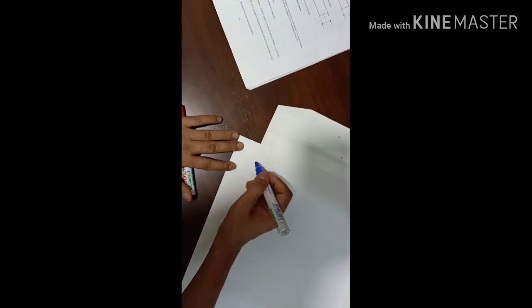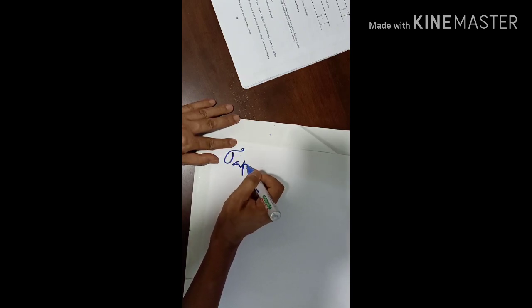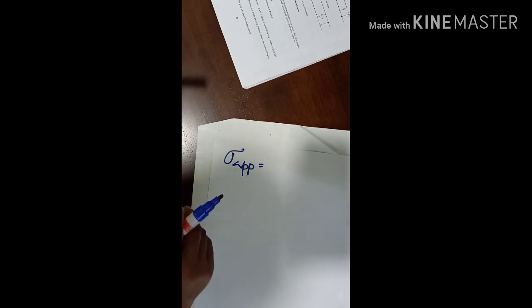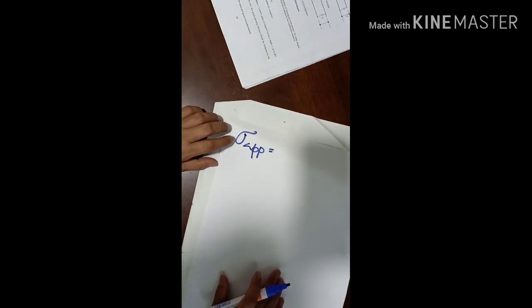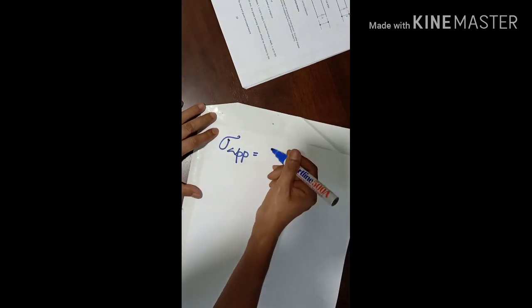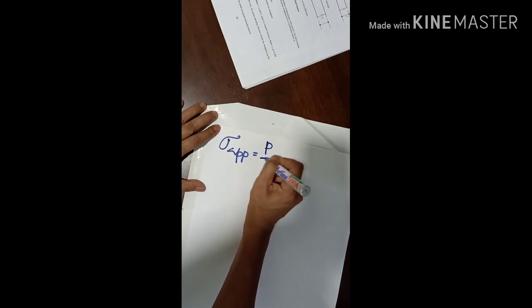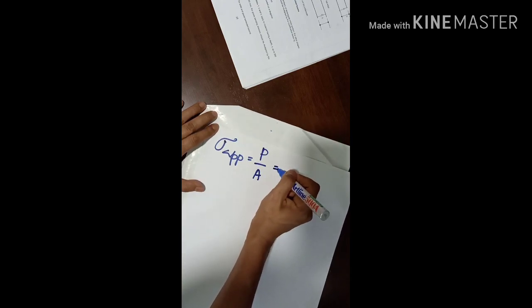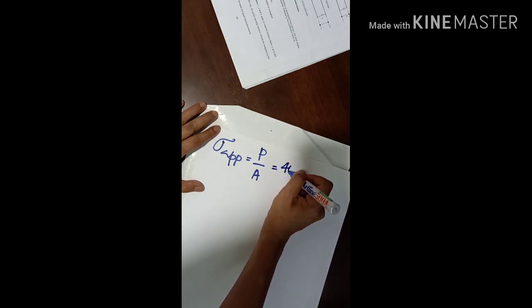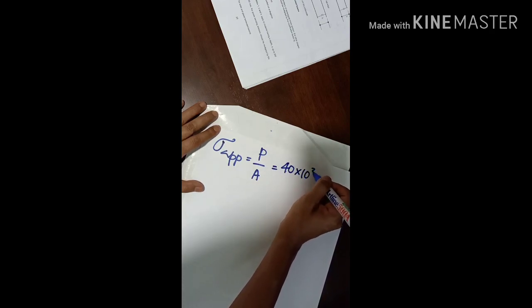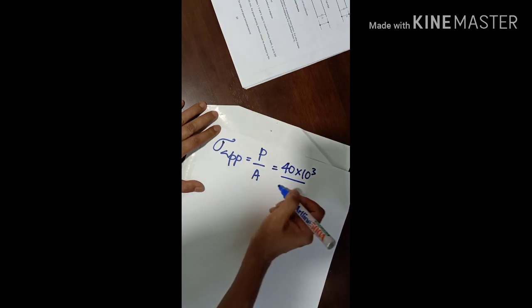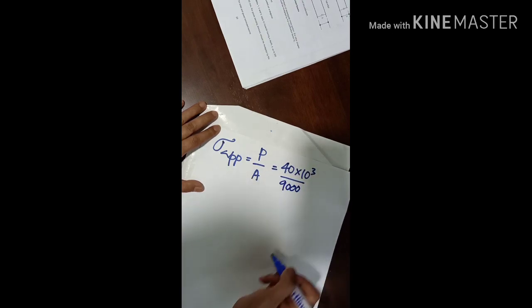Okay, now we can calculate the stress applied. Just now we calculated the stress allowed, now we are calculating the stress applied. Stress applied is equivalent to P divided by A. Since P is 40 times 10 to the power of 3, we have to convert it from kilonewton into Newton, divided by A, where A is 9,000 millimeter square.